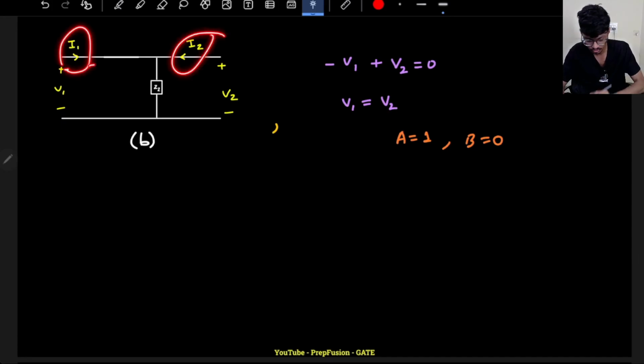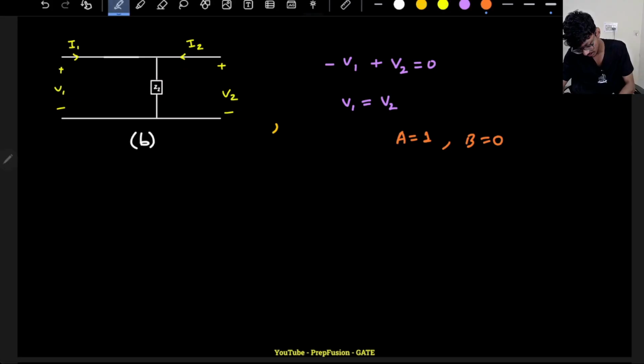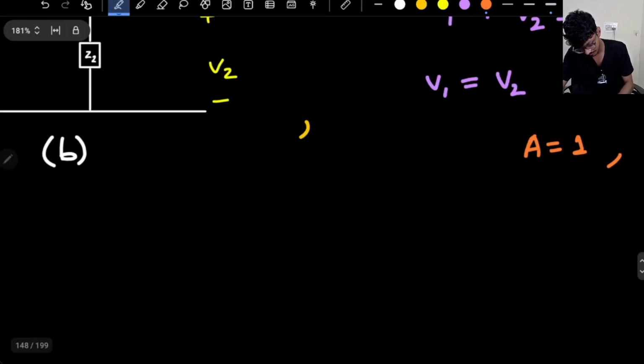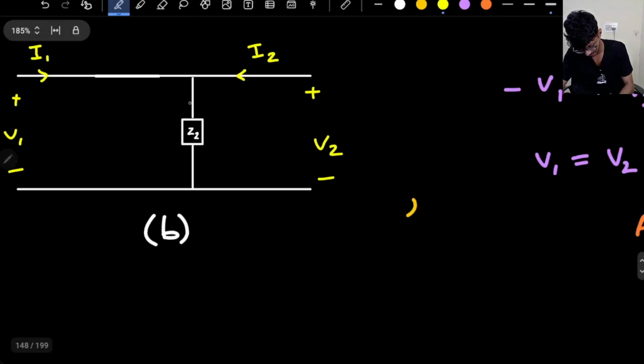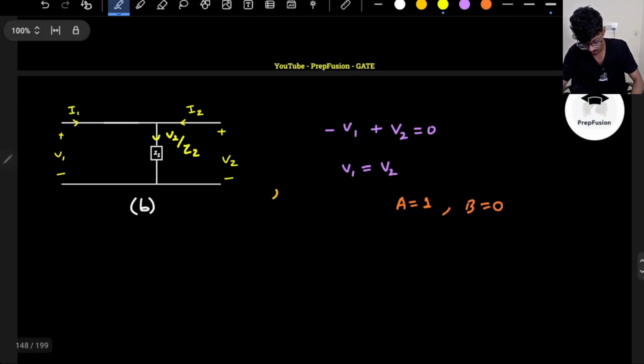Now I1 is not equal to minus I2. It is a bit different. So what is the current through here? The current through here will be the voltage across the impedance divided by its impedance, so V2 divided by Z2.